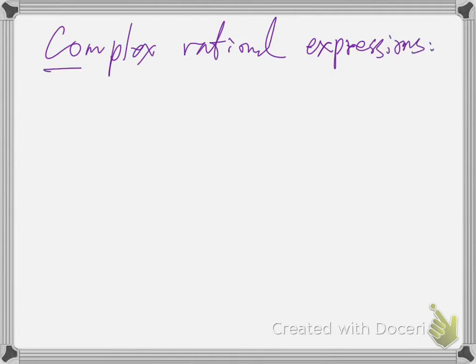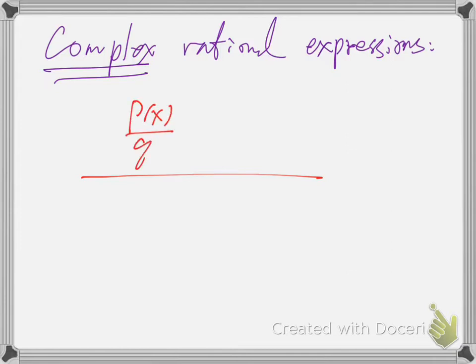Okay, so what does a complex rational expression mean? It means you have a rational expression whose numerator or denominator contains one or more rational expressions. You may have p(x) over q(x) in the numerator and p*(x) over q*(x) in the denominator, so it's a ratio of rational expressions.